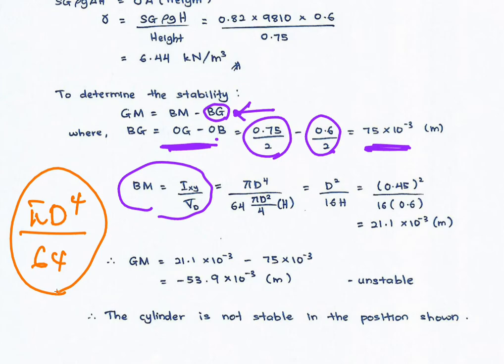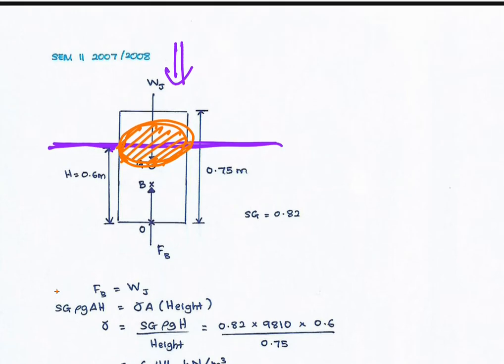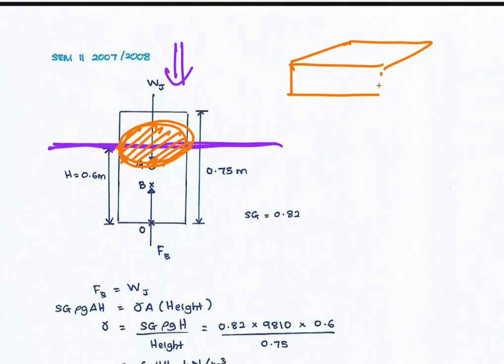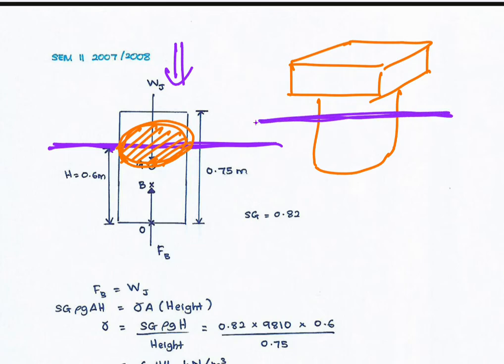For example, if we have one condition like this one, with a rectangular shape here and a circular shape at the bottom, and the water is at this level, the water surface is only at this location, so you need to use the I of a circle because the free surface is only at the circular area.